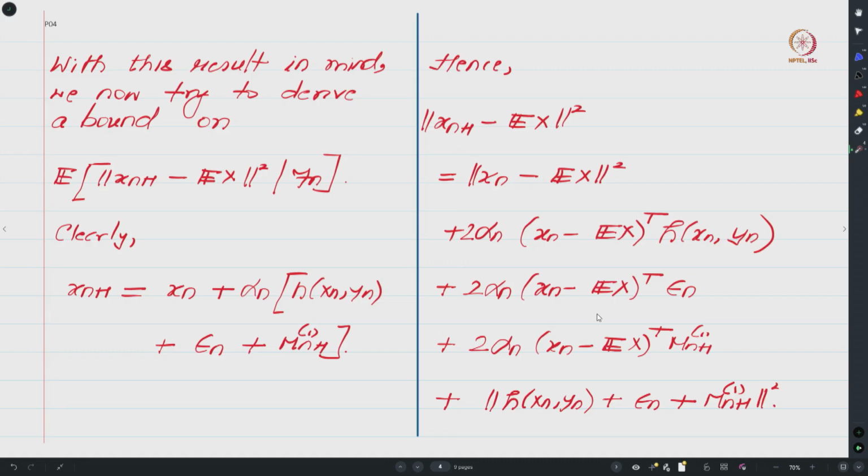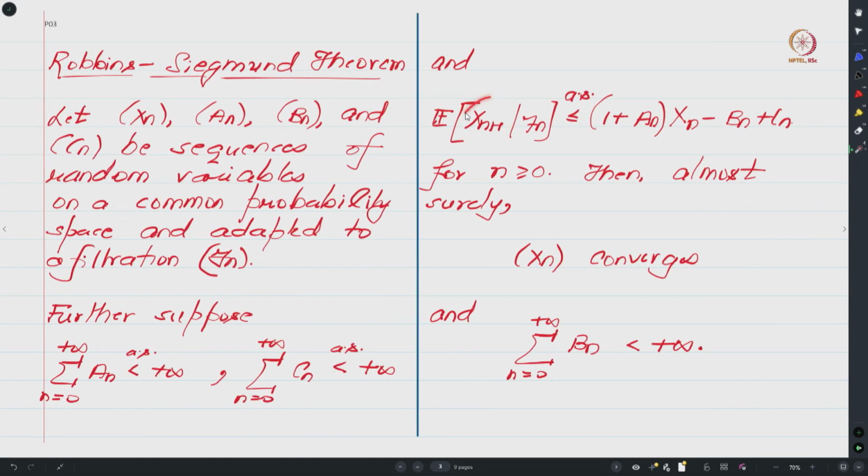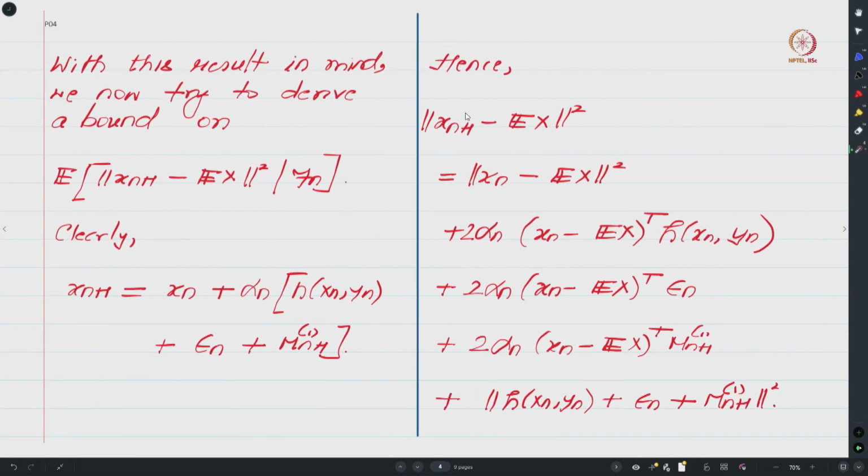So now with this result in mind, we are going to derive a bound on this norm of little xn plus 1 minus expected value of x, squared. So whatever your capital Xn plus 1 was over here will now be played by this expression over here.